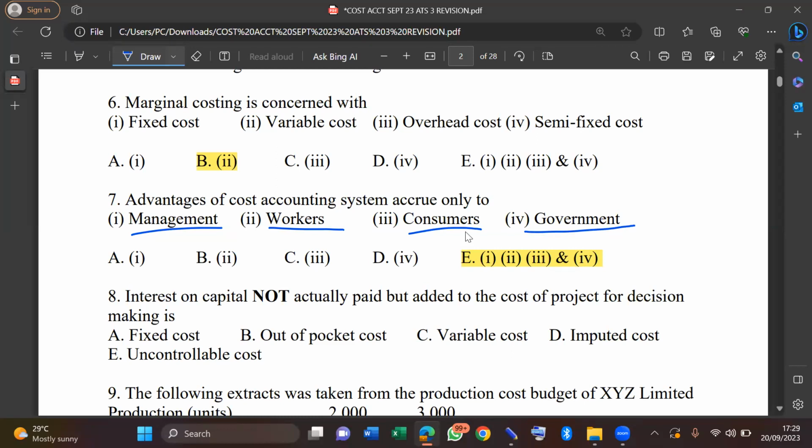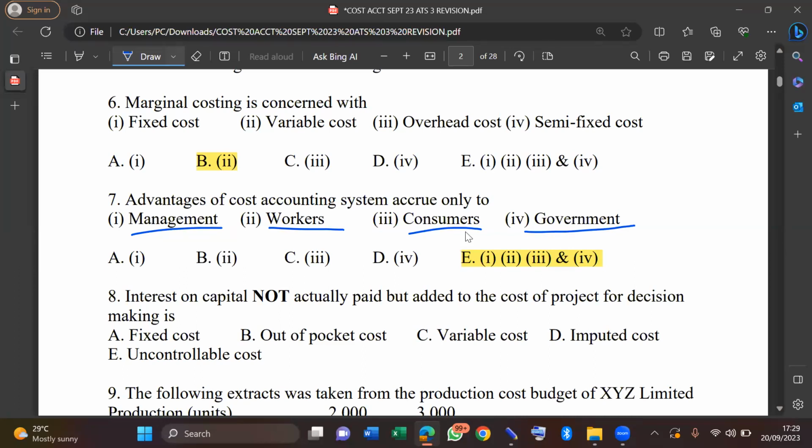not specifically the management. If they said cost accounting is mainly concerned with decision to, and then put a dash, then you can pick the management. But this is advantage. Cost accounting is an advantage to everyone.